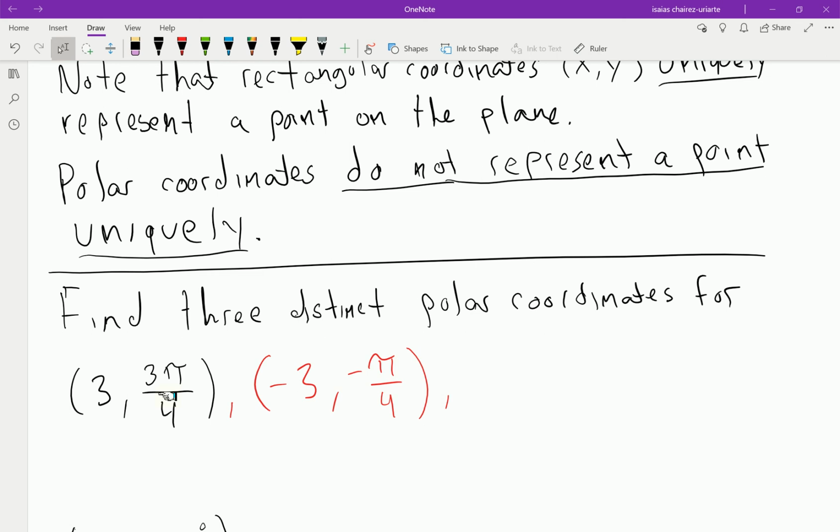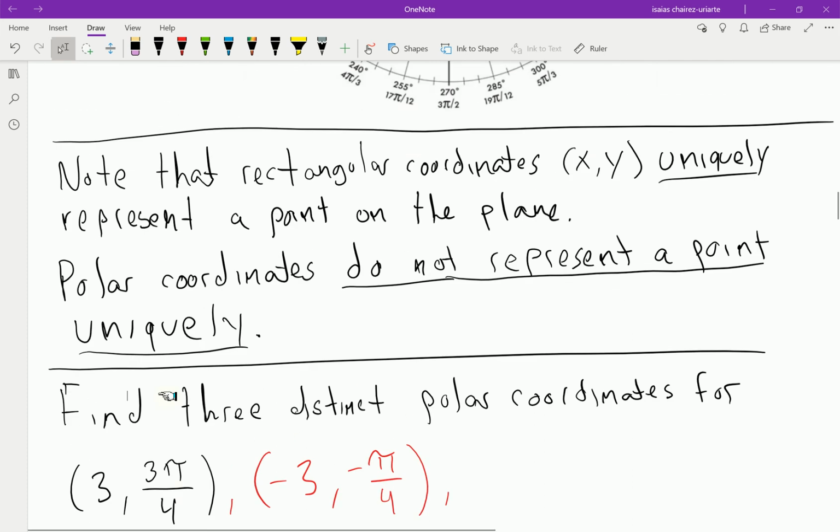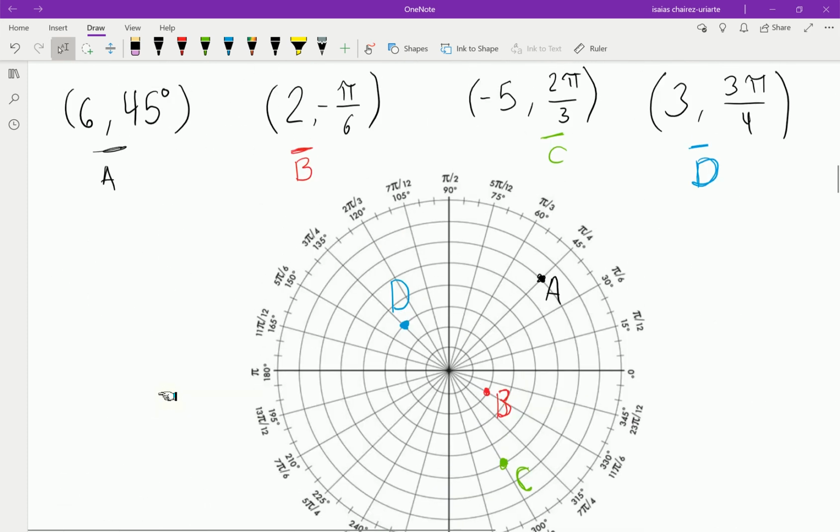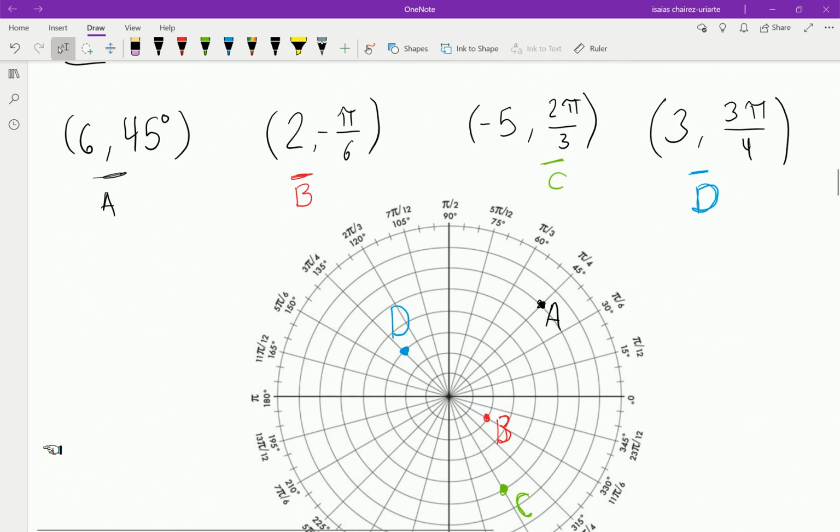Alright, let's look at the point again. It's point D. We found so far two ways of expressing this point in polar coordinates. Let's think of a third one. What if I go first 3, but instead of going +3π/4 this way, I go negative whatever this angle is?